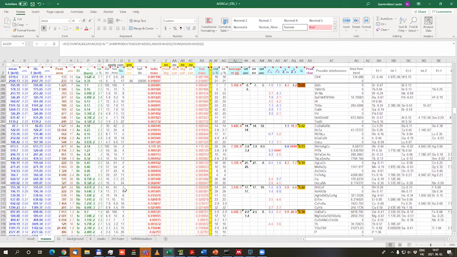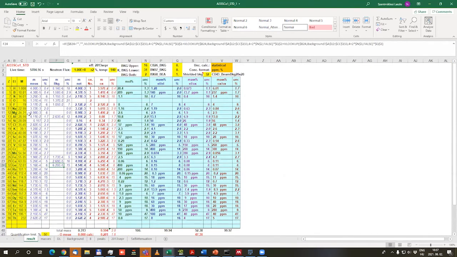So if I change something like this value, then it will influence this table. So I can always decide that I don't believe that there is holmium in my sample. If I just remove this element from the calculation, then the entire table is once again updated.